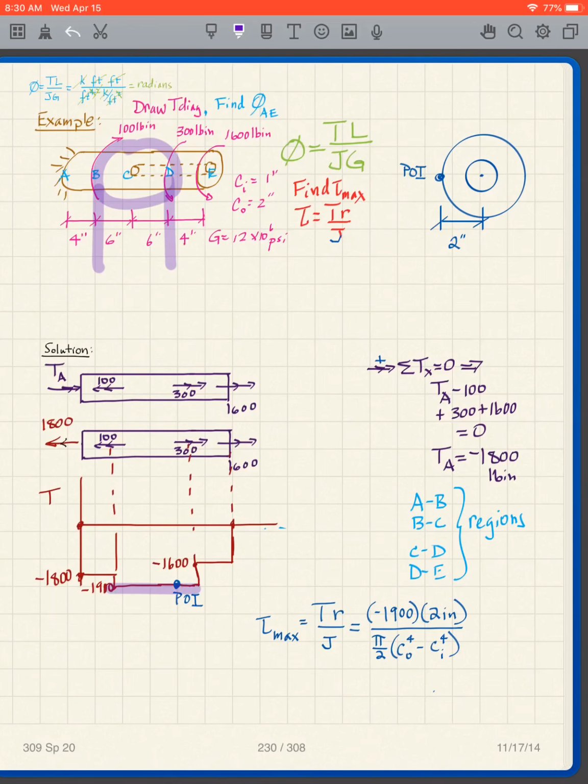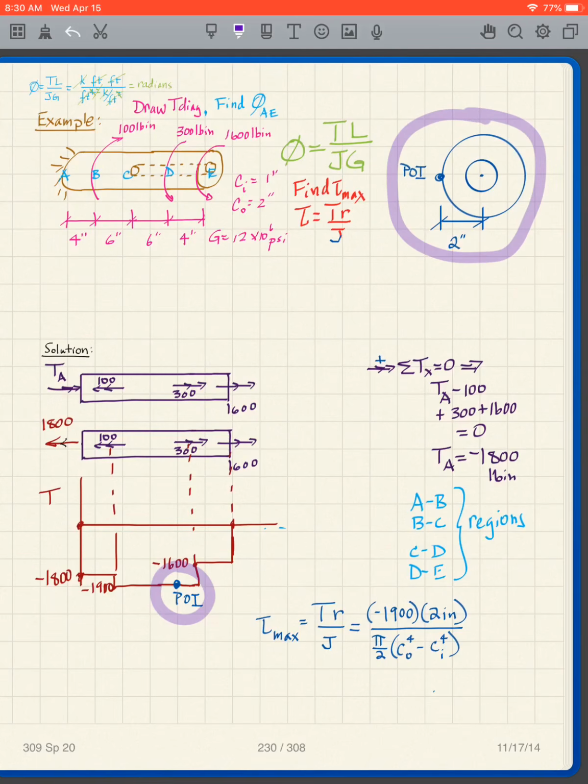Because the shaft is hollow here, my J will be a little bit smaller in that region, and J is in the denominator, and therefore my tau max is going to be in that region. So my point of interest is going to be here. And because I know the maximum shear stress occurs at the very edge, my point of interest is at the edge.